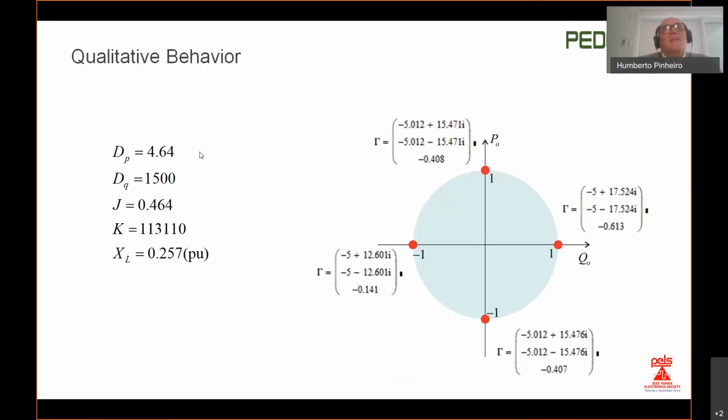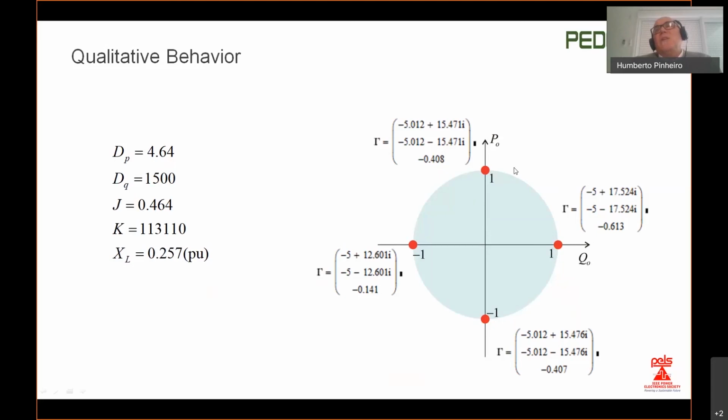Since this is a qualitative behavior that depends on the operating point, it's interesting to have a look at what happens if you change the operating point once you give a setting of parameters. You see that the complex eigenvalues don't change that much. However, the real eigenvalue changes depending on the operating point that you have.